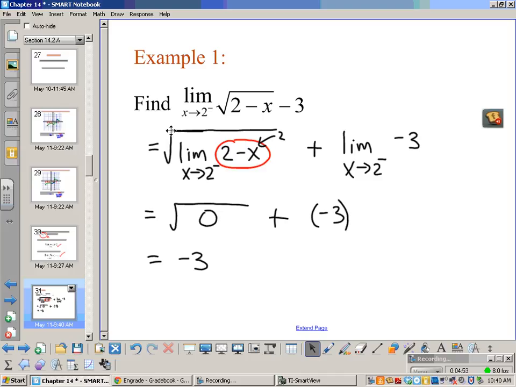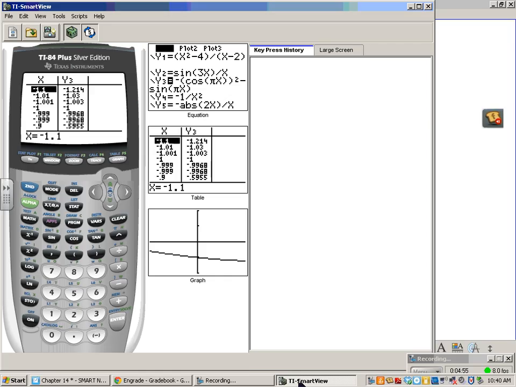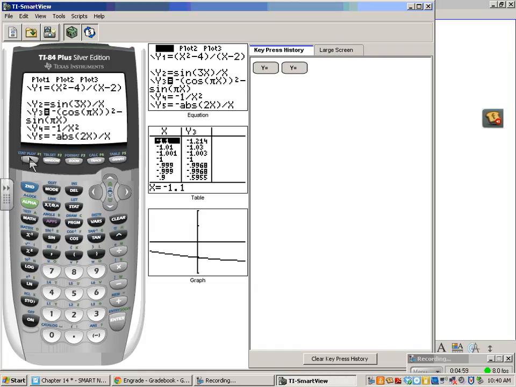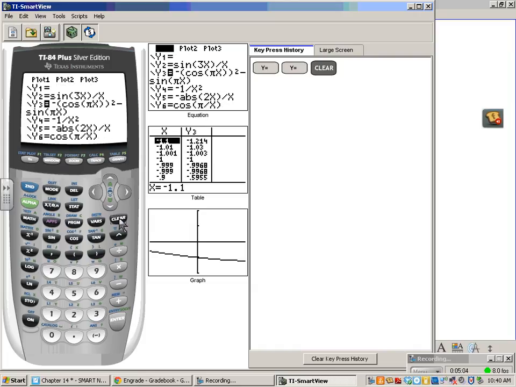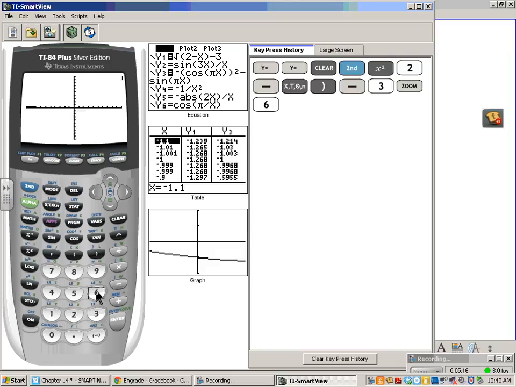So let's try it using a calculator and see if the calculator gives us the same thing. Let's clear that out, and I've got square root of 2 minus x, and then minus 3, and I'm going to do zoom 6.